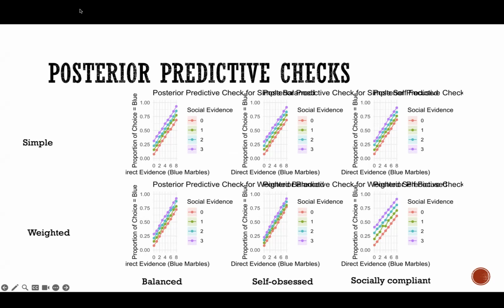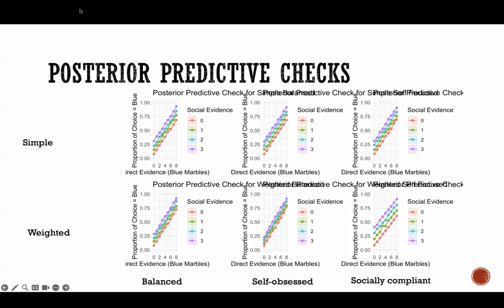When we look at the weighted model, the lines are slightly less spaced than above in the balance scenario. They're even less spaced when the model is self-focused, and more spaced when the model is socially compliant, which is exactly what we expect. In self-focused, the impact of social evidence is decreased, so it doesn't make as much of a difference. In the socially compliant model, the social evidence is increased, so it's more spaced out.